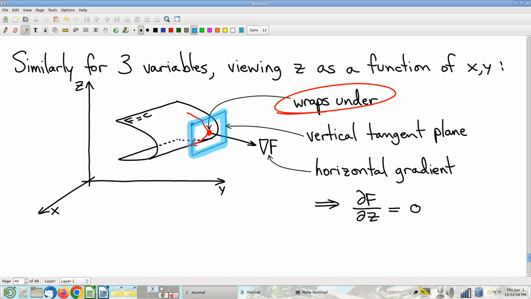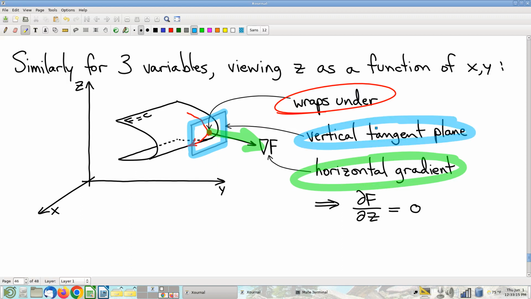Which means that we would have a horizontal gradient, because, of course, gradients are always perpendicular to level sets. And if there is a horizontal gradient, then we must have that the z partial, the vertical component of that gradient, must be 0.